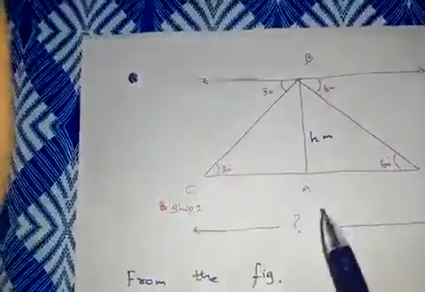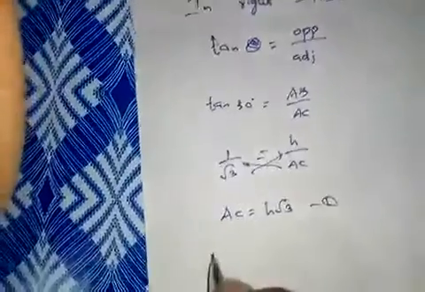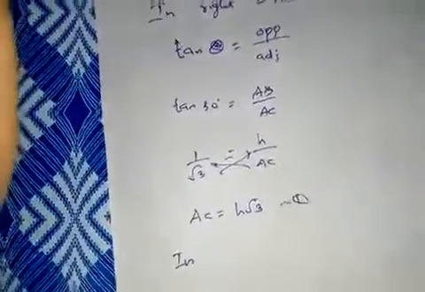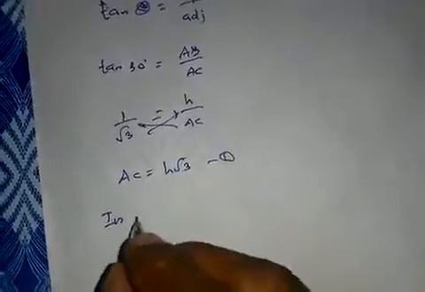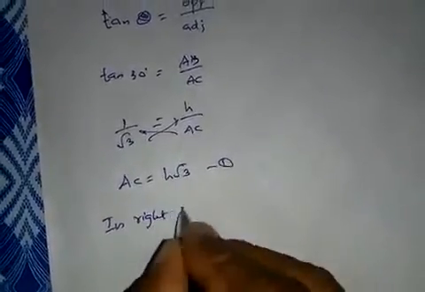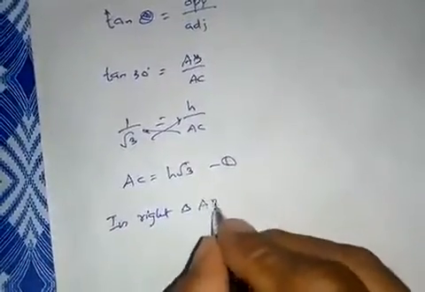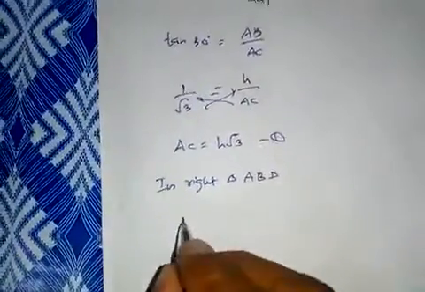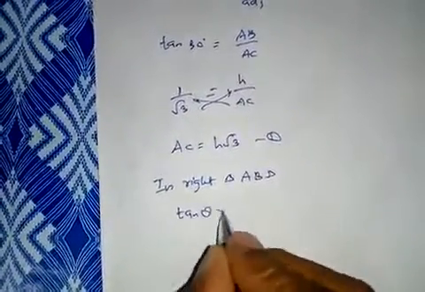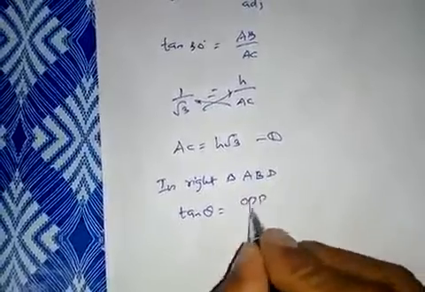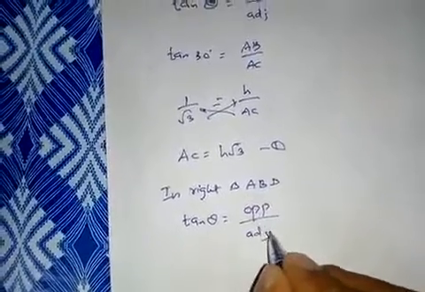Next, in right triangle ABD, we use the formula tan theta is equal to opposite side by adjacent side.